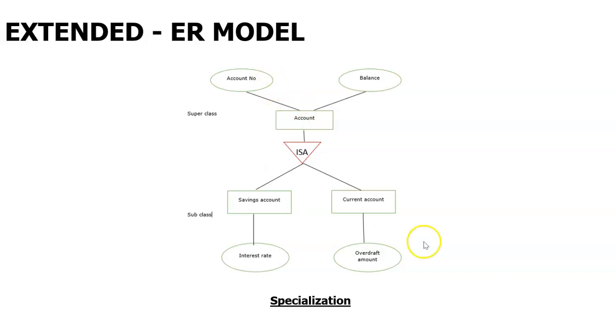For the extended ER model, the symbol for specialization is a downward triangle, so note that down. Now you have to know two other terms: the higher level entity and the lower level entity. Here, the account is your higher level entity, and your savings account and current account are your lower level entities. This is an example of specialization.